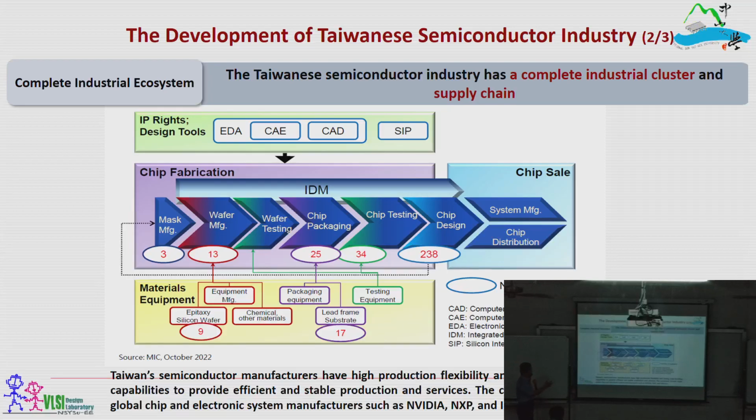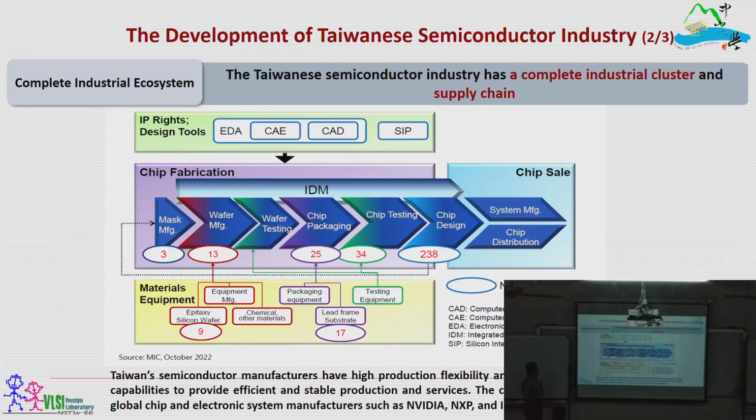And this is why I say that Taiwan has a vertical full supply chain. See that? We have mask manufacturing, wafer manufacturing, packaging, testing, design, and system manufacturing, distribution. We have everything, okay? Right now, the number of IC design houses is over 300.